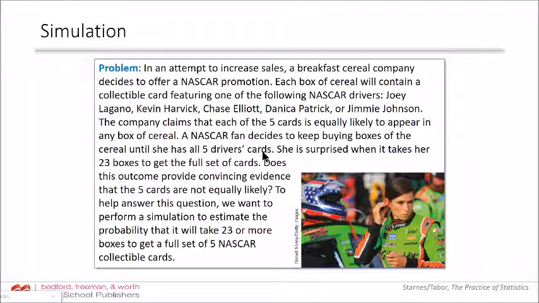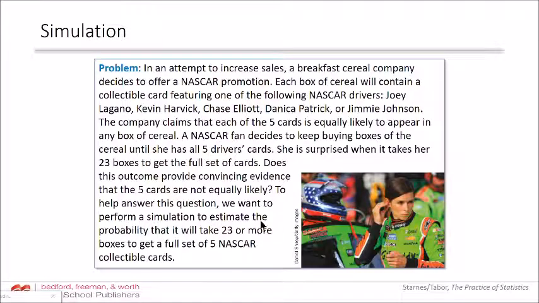It takes her 23 boxes to get the full set of cards, and she's surprised. That seems like a long time. There's only 5 cards that you need. So in other words, she got a bunch of repeats until she got all 5 cards. Does this outcome provide convincing evidence that the 5 cards are not equally likely? In other words, that each of these 5 people don't have the same number of cards randomly put in these cereal boxes.